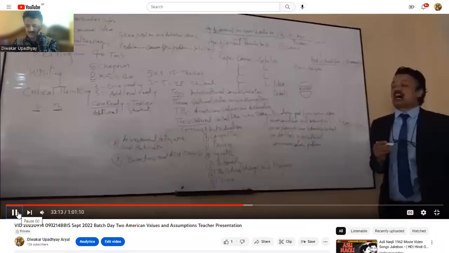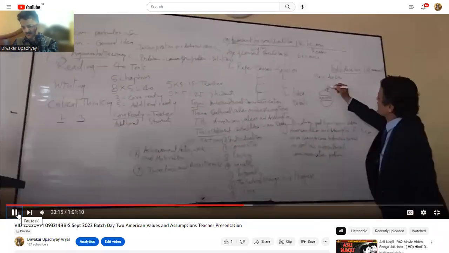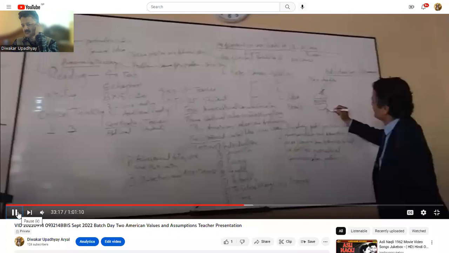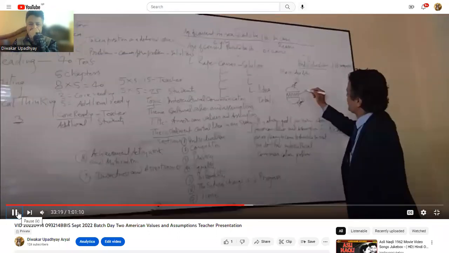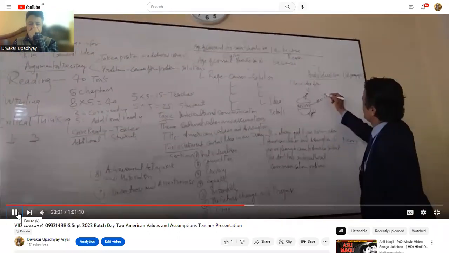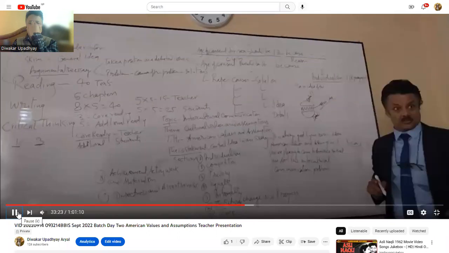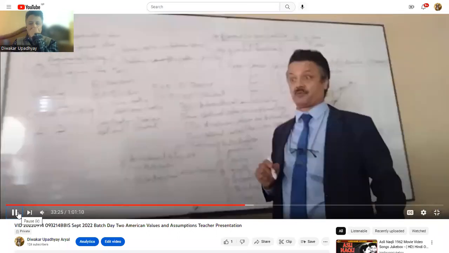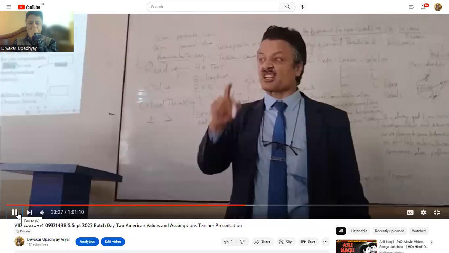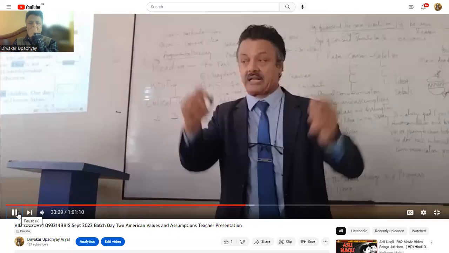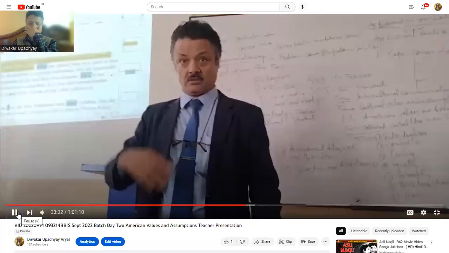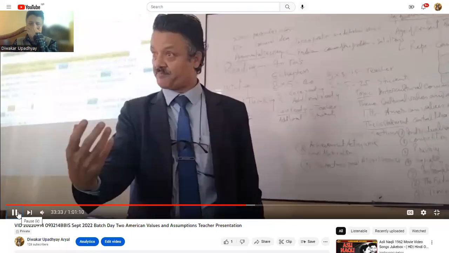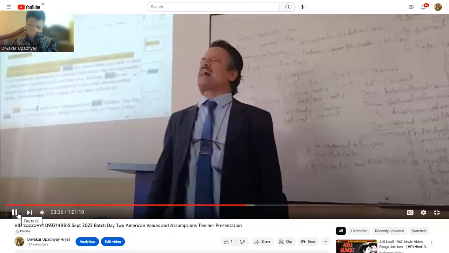A paragraph can be details, main idea, details. This is a very difficult paragraph structure. Normally, in my experience, most of the time, you can blindly find the main idea.